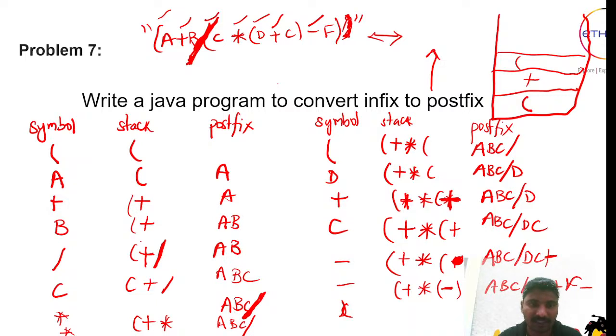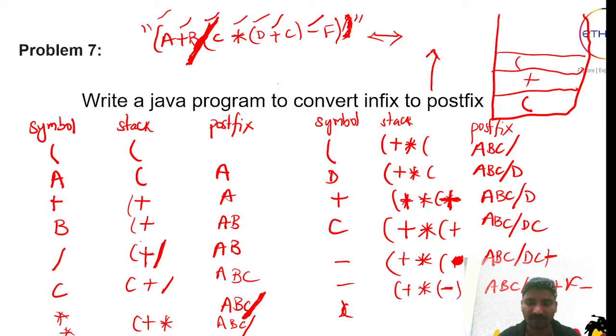If my stack is not empty, and if stack.peek is different, there is one more case, right?